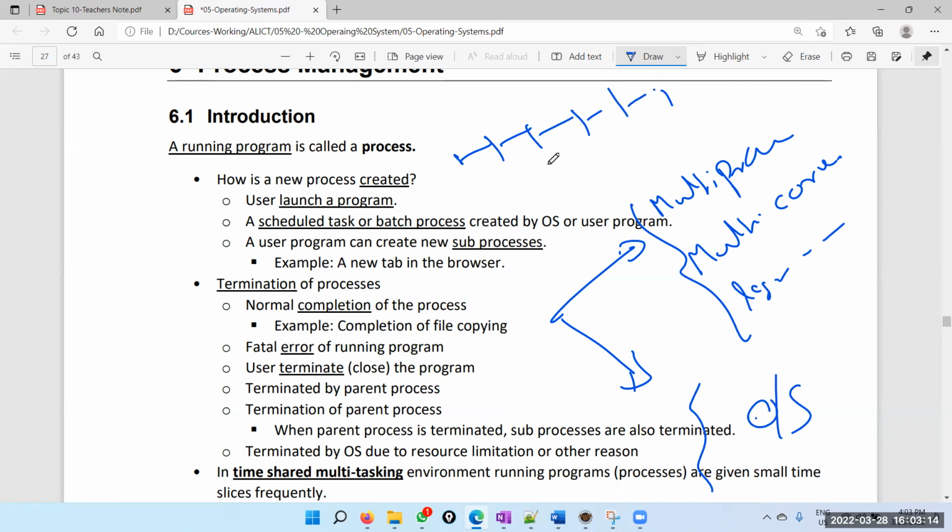We feel like all of A, B, C are running, but actually at a time only one is running on one processor. We were discussing this because it is under the operating system's control, and we discussed what the different process states are and under which circumstances they move from one state to another.